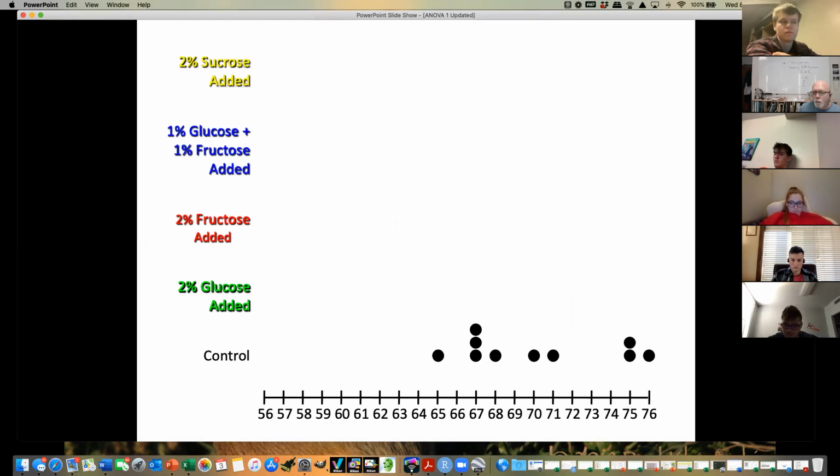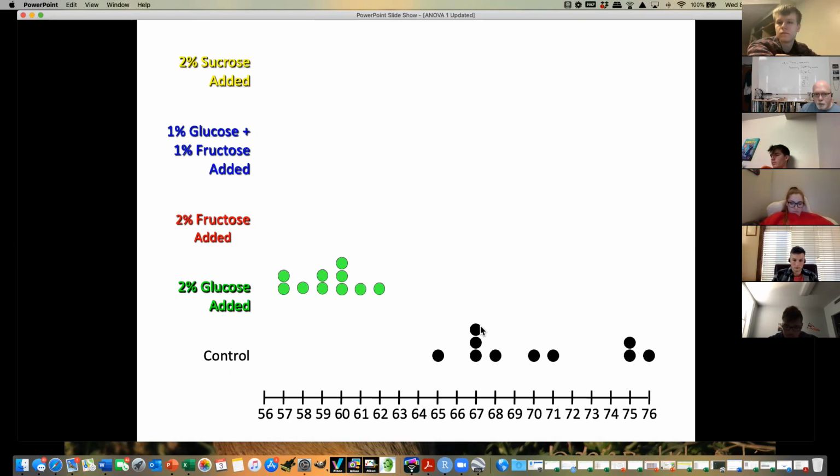So for the control, we have one plant that grew 65 millimeters. We have 3 plants that grew 67, one plant that grew 68, one that grew 70, one that grew 71, 2 plants that grew 75, and one plant that grew 76. So this is one way to visualize the data.